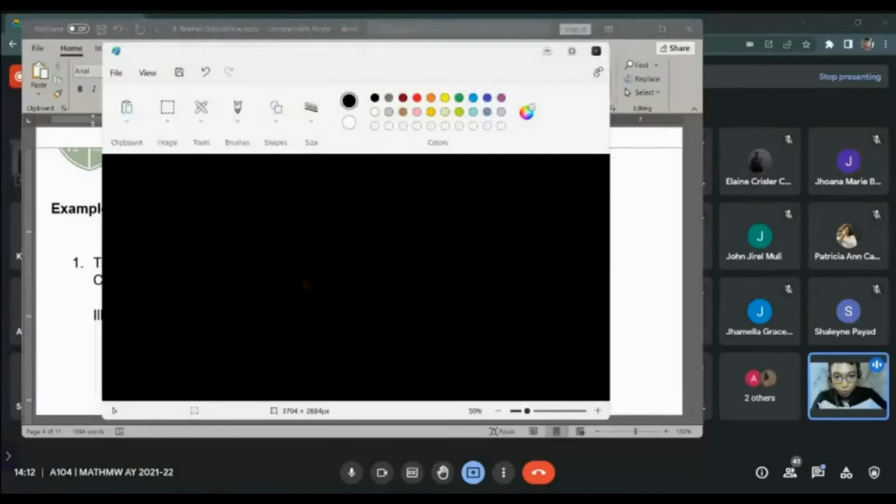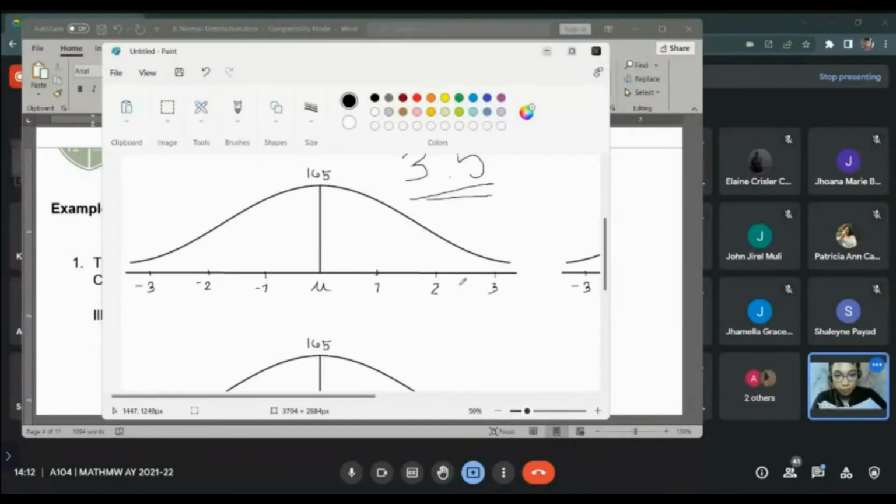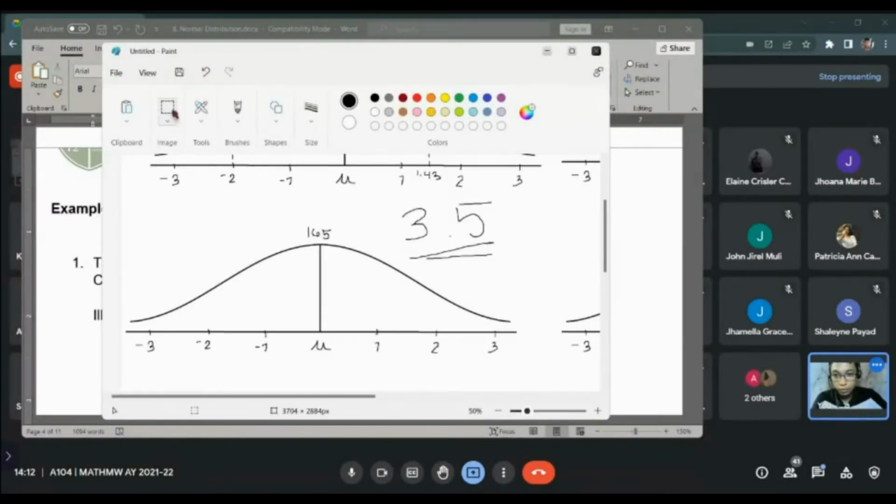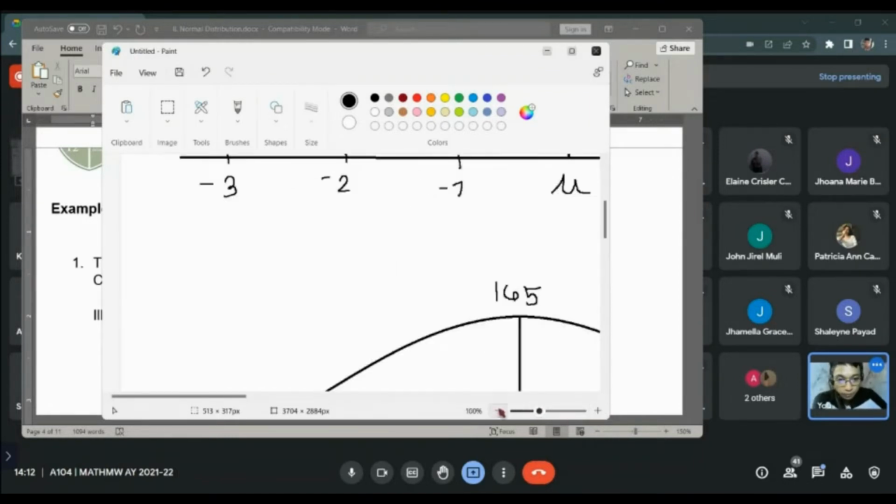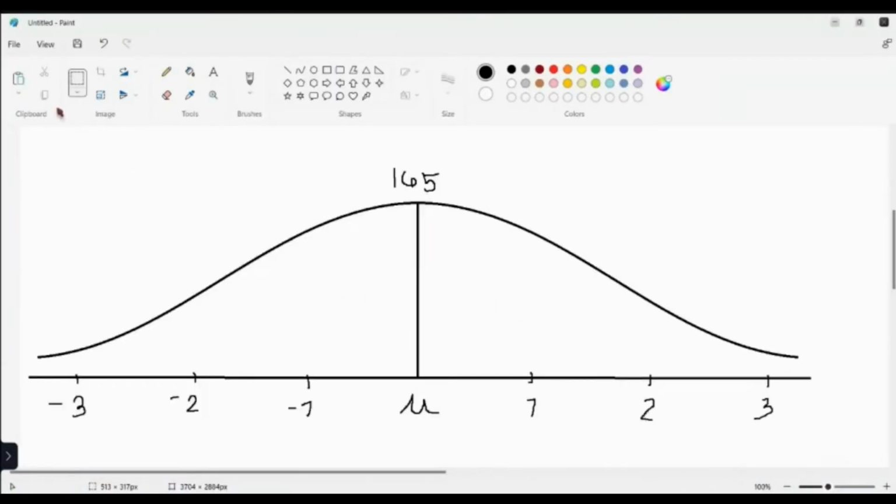Going back to our normal curve here. So 170 is again 1.56, somewhere between positive 1 and positive 2, right? So 1.56 is somewhere here. And that is 170 centimeters.